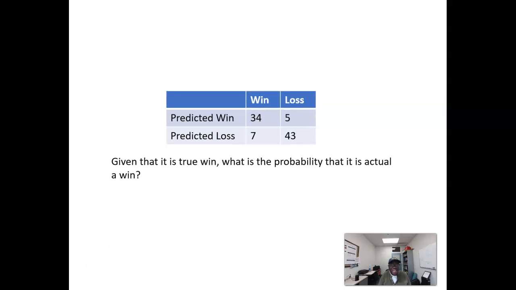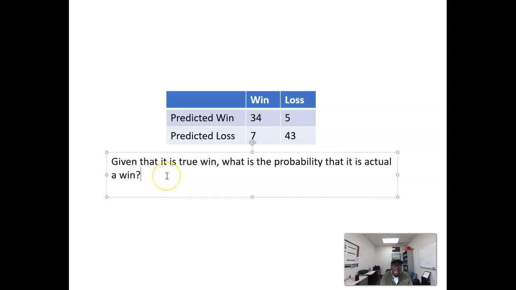The second concept that we went over within the quiz that we're discussing today is, given that a game is a true win, what is the probability that the algorithm classifies it as a win? We're looking at this column, so our denominator by default will be 41, and our numerator will be 34.